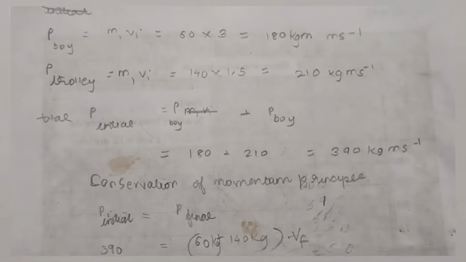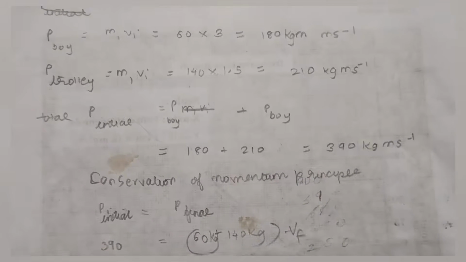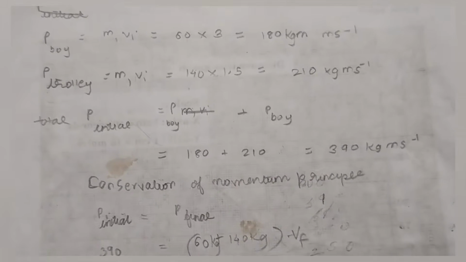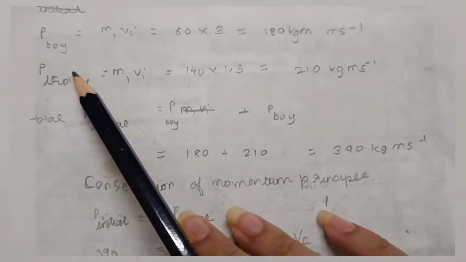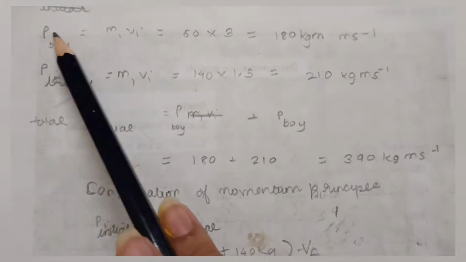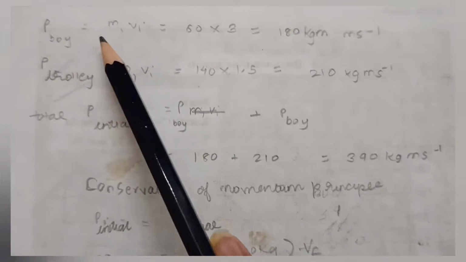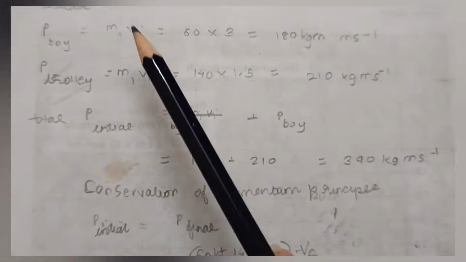To find the final velocity or the common velocity of the boy and the trolley, we will first find the initial momentum of the boy and the trolley. So first, the momentum of the boy. The momentum formula is mass into velocity.